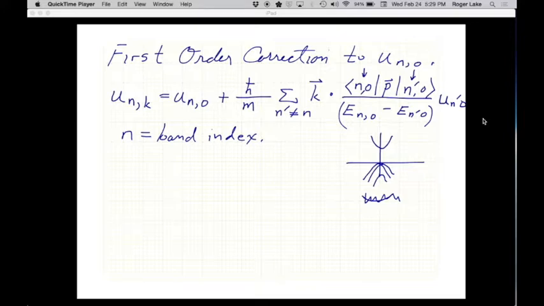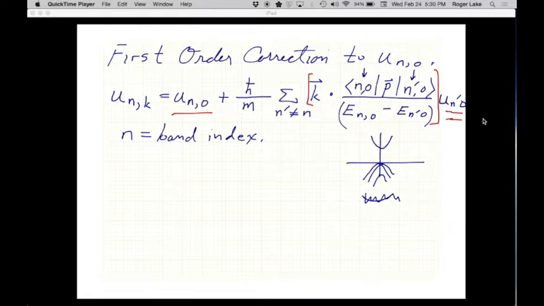And this whole thing is sort of like the weight for what you're adding on. So you start off with just your pure, say, S state at gamma, and then you start mixing in a little bit of your P states as you move away from gamma, right?